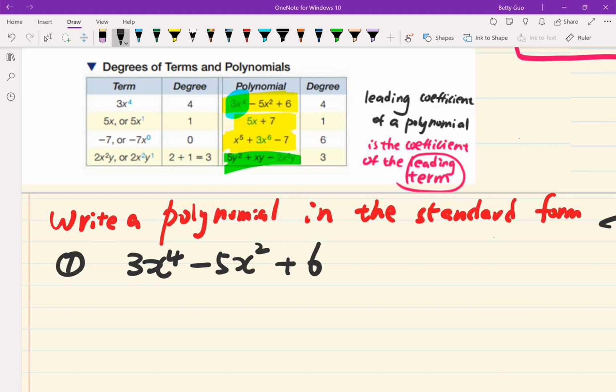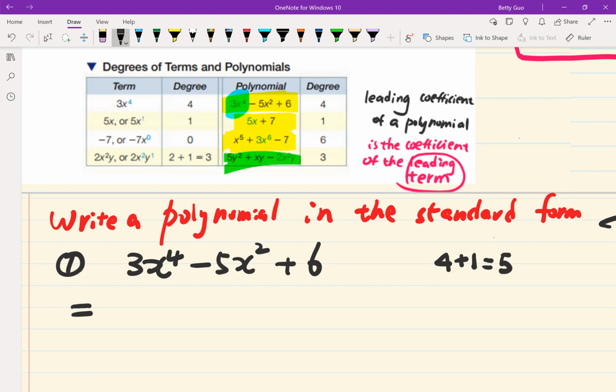Okay, identify the degree and then add 1, always add 1. What is 4 plus 1? 5. Okay, you need to remember, you identify the degree and then you plus 1. That number is how many terms there are in the standard form of the polynomial. So you are going to have 5 terms in the standard form of the polynomial.